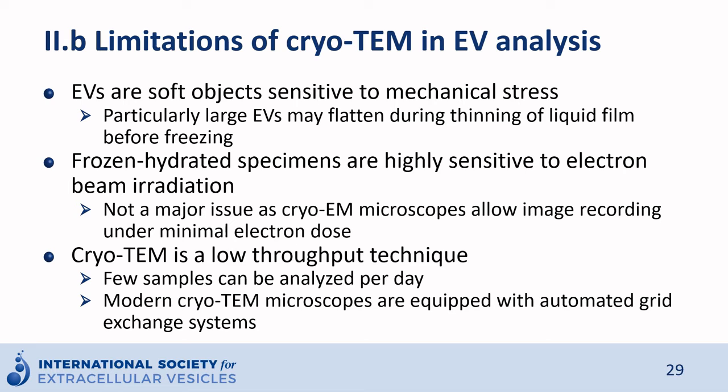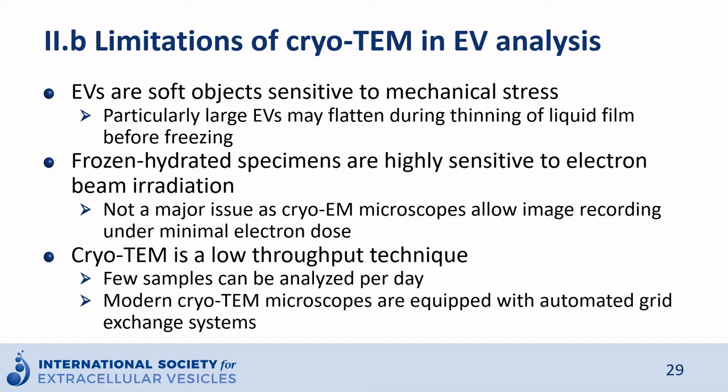Frozen hydrated specimens are highly sensitive to electron beam irradiation. Yet, this is not a real issue, as cryo-electron microscopes are equipped with systems allowing image recording under minimal electron dose.